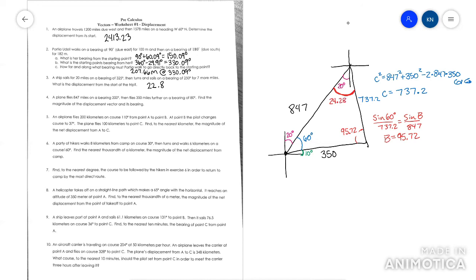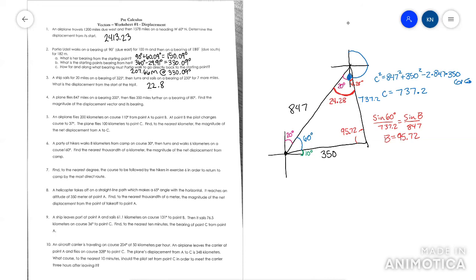Now compare these. Because this 20 was only this amount of it, not the full angle, this tiny angle right here is 4.28 degrees. So to get this bearing, it's 180 degrees to this spot, right?